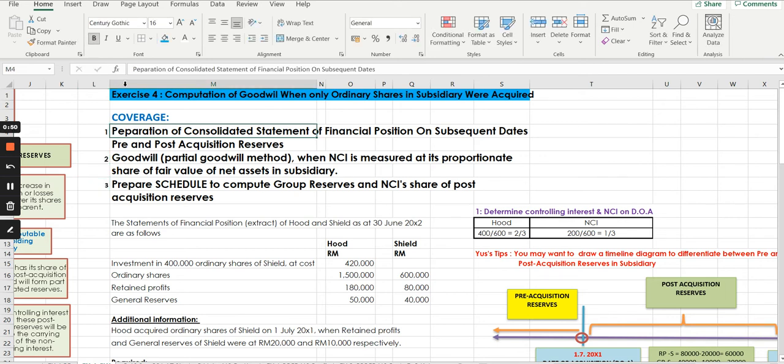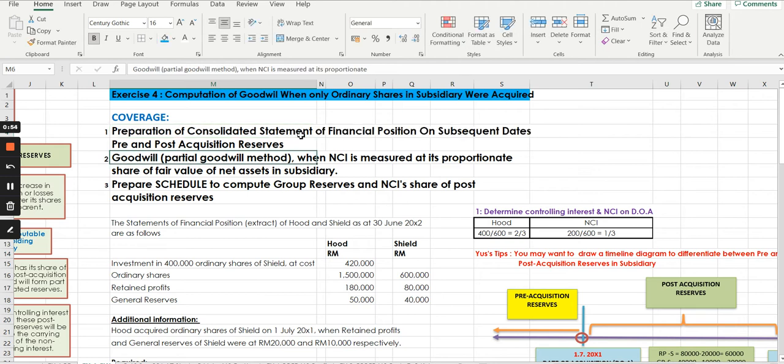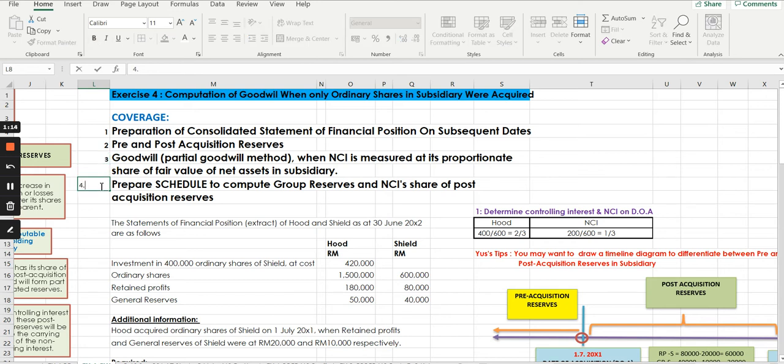We're going to cover the preparation of the consolidated statement of financial position on subsequent dates. Subsequent dates mean not on the date the shares were acquired, but after the date the shares were acquired. Maybe that takes after 1 year, after 2 years, or maybe after 4 years.